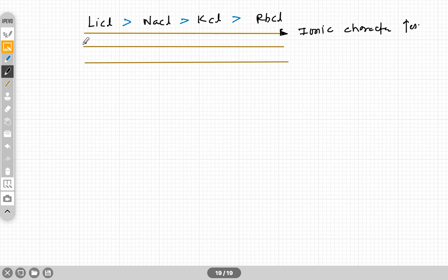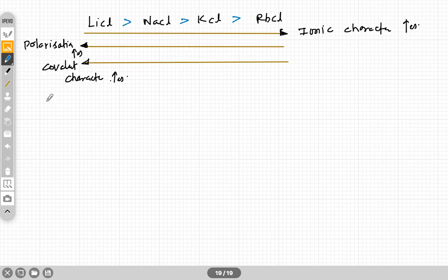Right to left this side we have polarization increases, and when polarization increases then covalent character increases. Okay, so this is the size of cation.